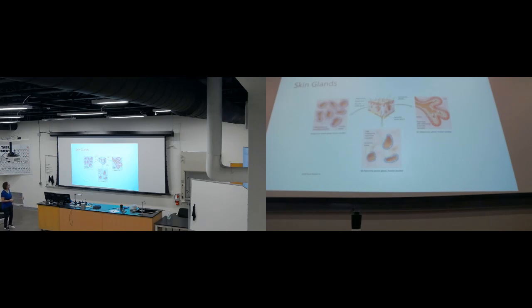So this is how the skin glands look and where they are located. Here we have an eccrine sweat gland. As I told you before, it has its own sweat pore and its own duct. This one drains directly into the skin, and no matter which gland it is, they are located within the dermis, the reticular dermis. And then the sebaceous glands are located around the root of the hair.